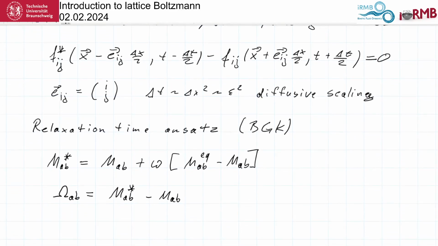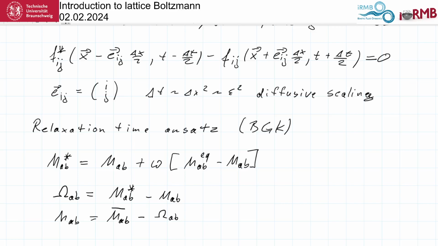Then we do the change of variables from the pre-collision state, M_AB, to an intermediate state, M_AB with an overbar, minus half the collision.